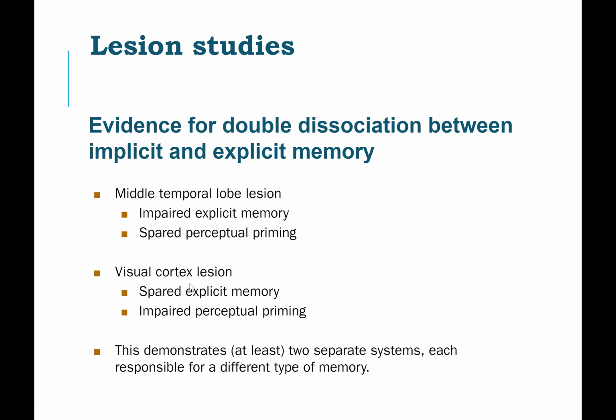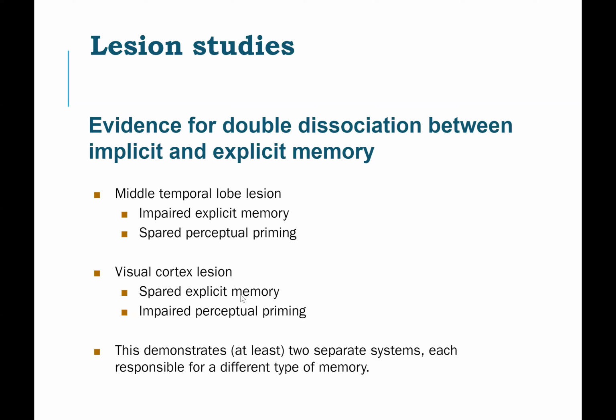But if you have, let's say, damage to the visual cortex, you would have a lot of impaired perceptual memory, right? I'm not talking about a specific study, but there are studies showing that if you damage parts of motor cortex, then you would have a lot of impairment in your perceptual priming and or procedural memory, but your explicit memory is not damaged.